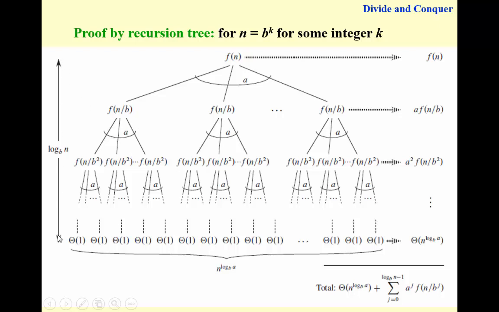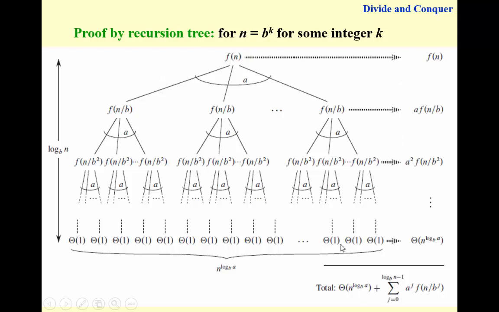So the height of the tree is obviously log n with base b, right? And at the bottom, we're going to have n to the power of log a over b, that many leaf nodes. So the time complexity for the last level is big theta of n to the power of log a over b.